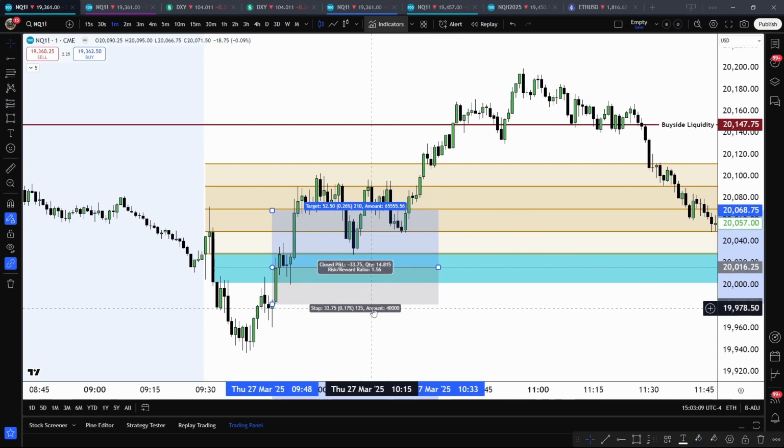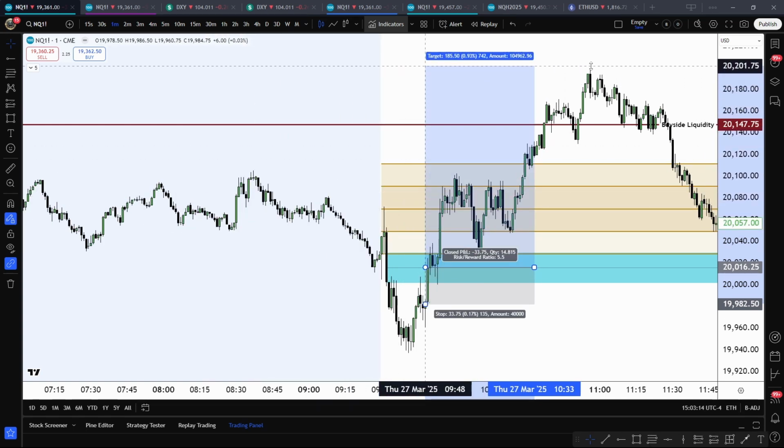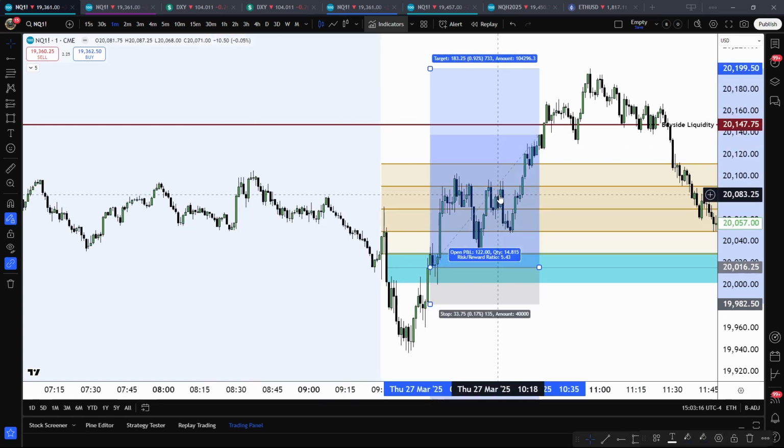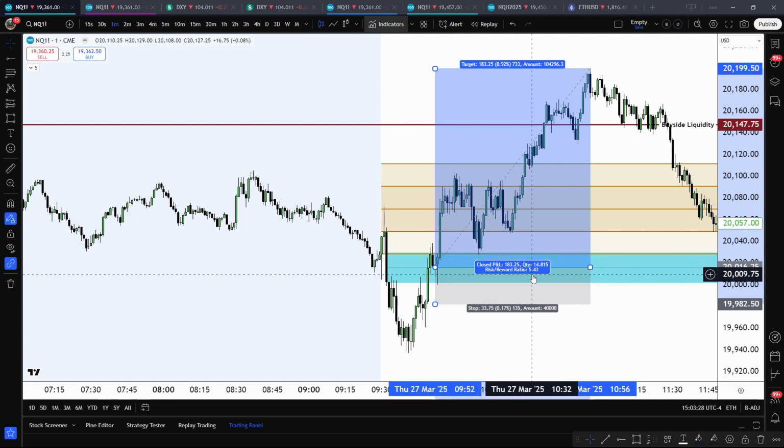Stop loss below this busy candle over here. From your fill towards the high, just a little bit longer than 1 hour, actually 1 hour and 4 minutes, a beautiful plus 5R trade.